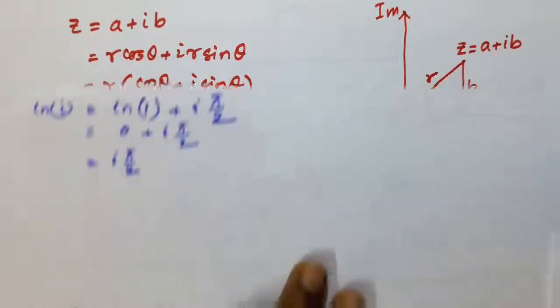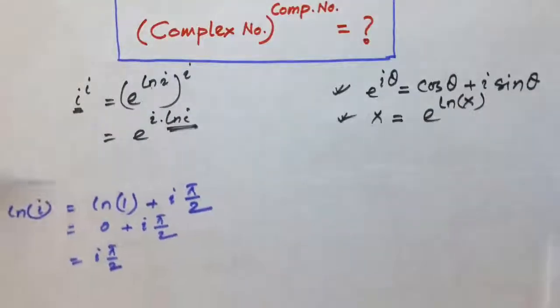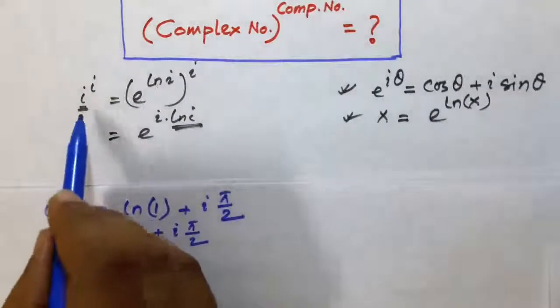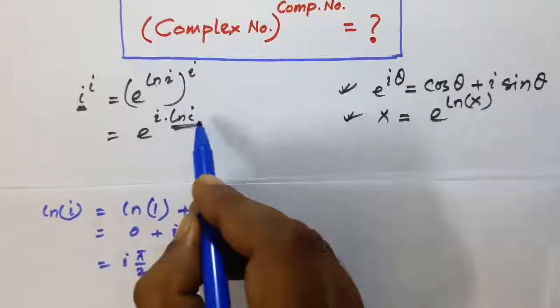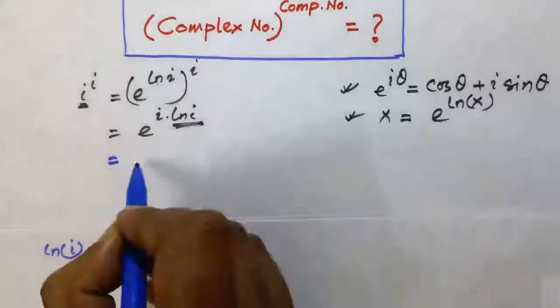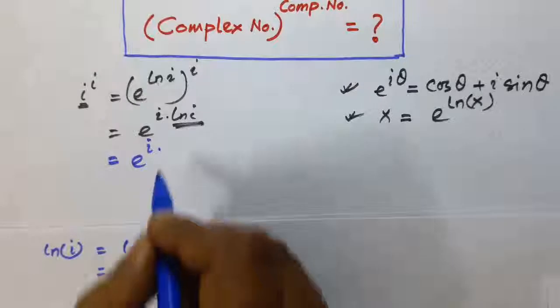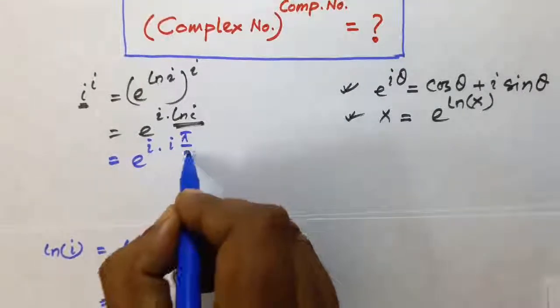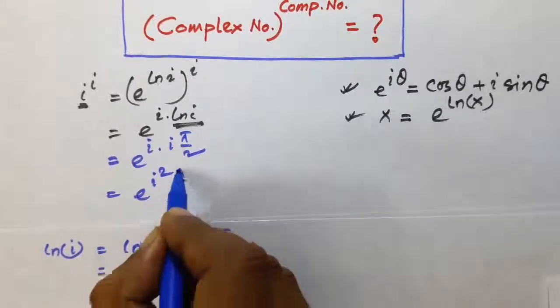Now again we return to the previous portion. I to the power I is equal to e to the power I into ln I. Now ln I is equal to I into pi by 2, so we can replace this. So this one is e to the power I square pi by 2.